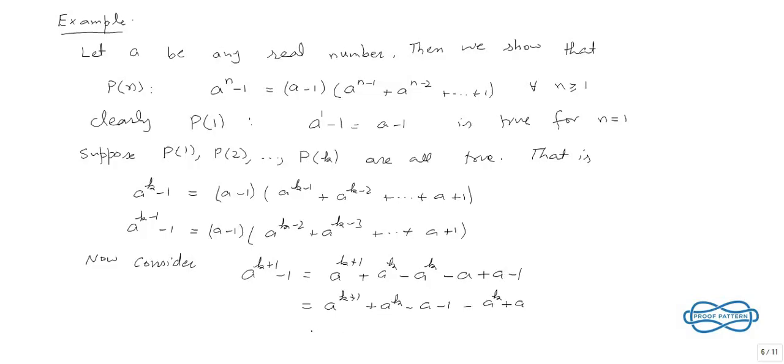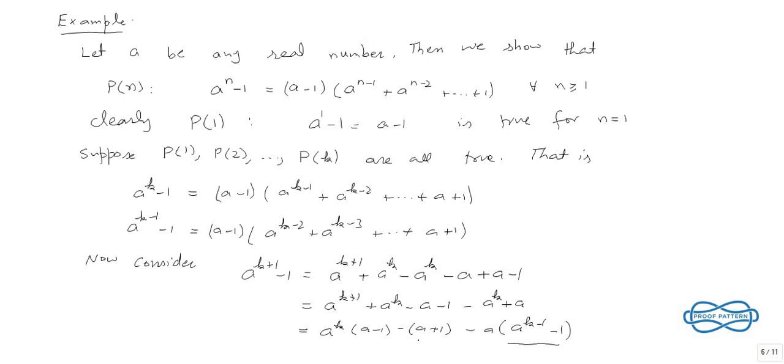Okay, and if we take a^k common, it will be a minus 1, and similarly if we take minus common, this will be a plus 1, and if we take a as a common from last two terms, it will be a^{k-1} minus 1.